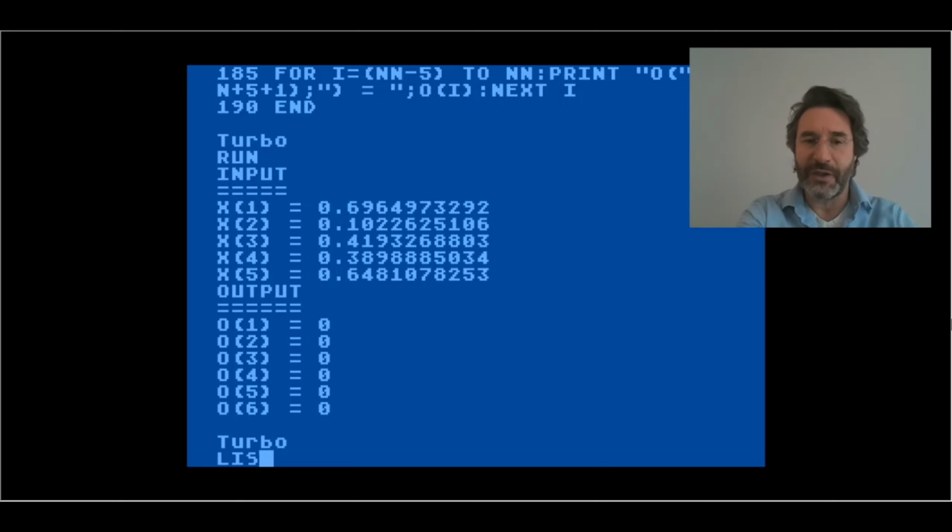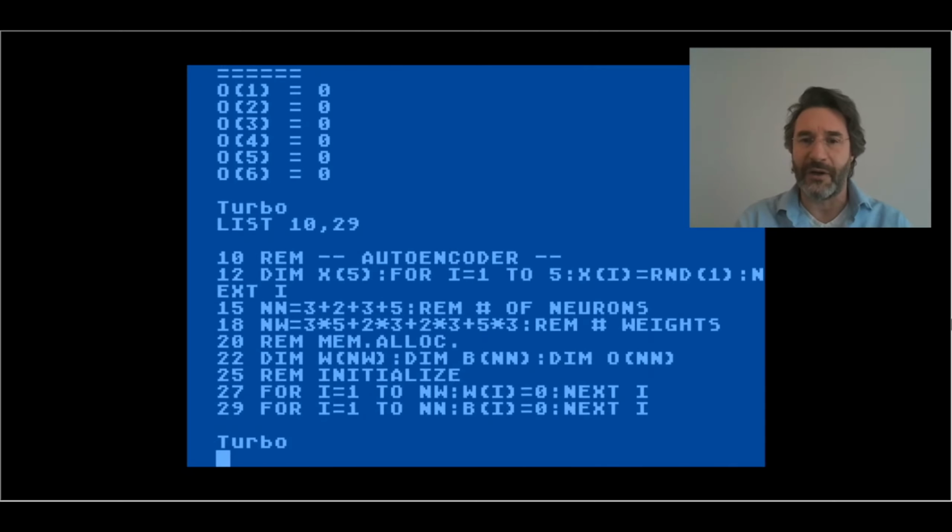So we can change this a little bit, and to change this we are going to change the initial part of the code where we are setting the values for the weights and the biases. If we start by changing only the biases, I'm just going to add here some random numbers just to see what happens. I've just changed line 29 so that now the biases become random numbers between 0 and 1.